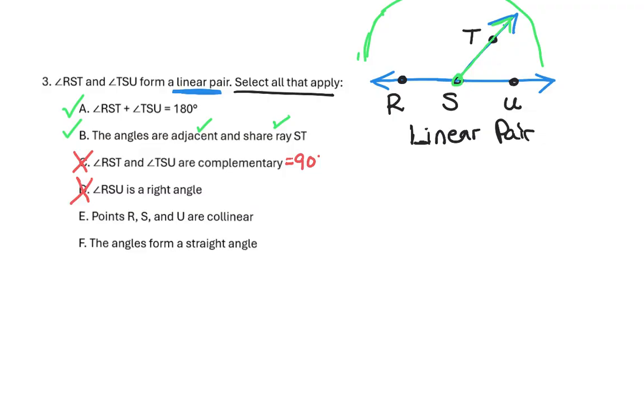They make a straight line. They make a linear pair. The only one that's not on the line is T. All right, and the angles form a straight angle. That's true. Together they form a straight angle. So this one I'd be like, all right, guys, there's 4 right answers for you to choose.